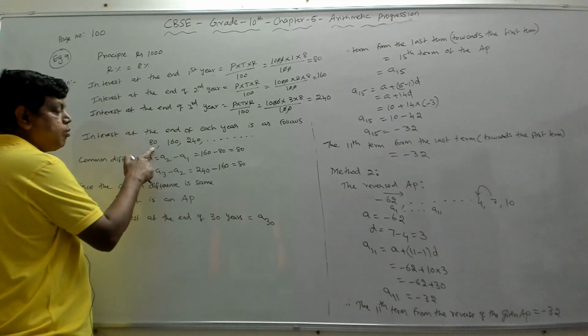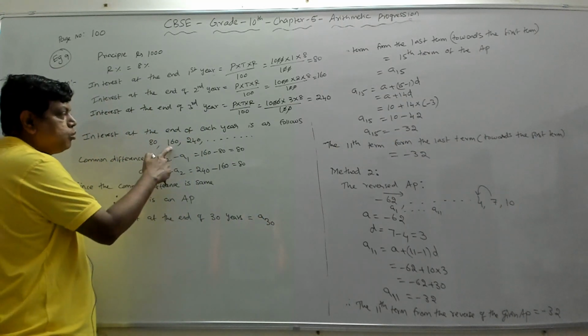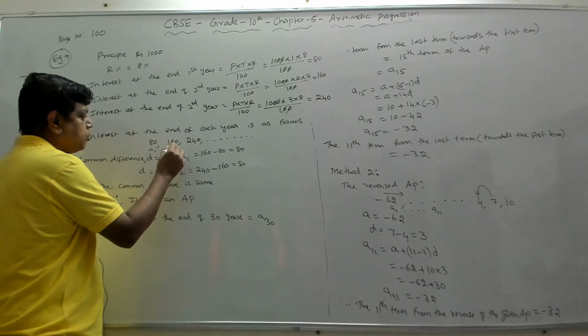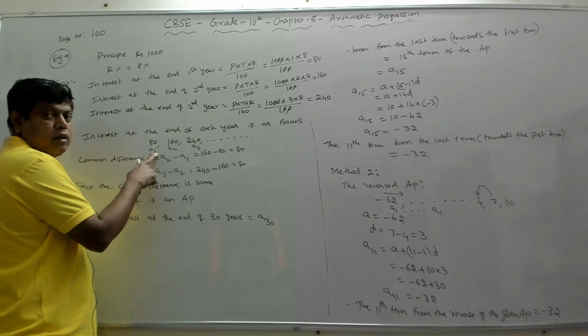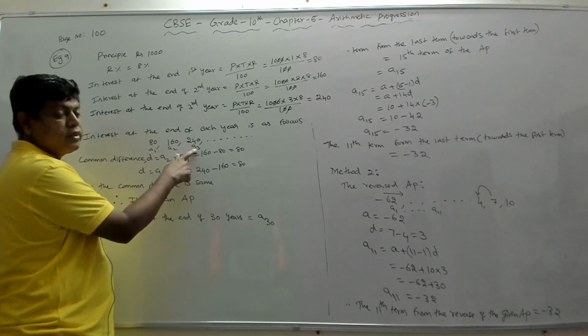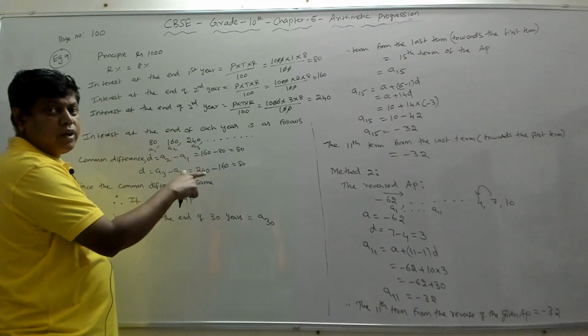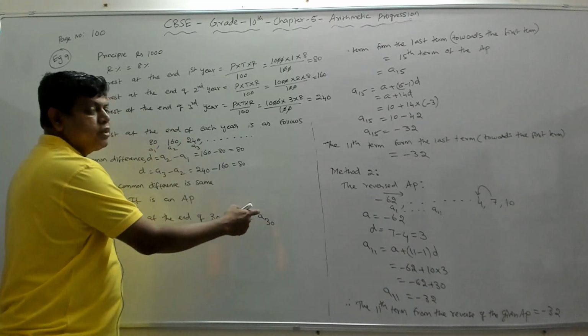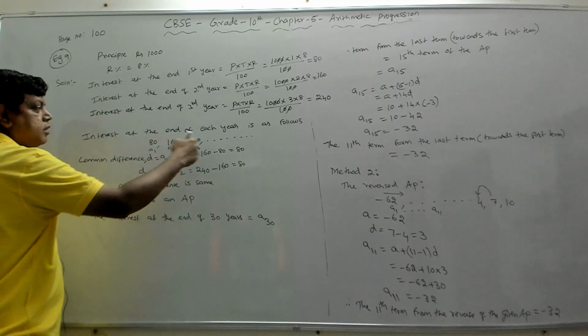A1 is the interest at the end of first year. A2 is the interest at the end of second year. A3 is the interest at the end of third year. Therefore, interest at the end of 30th year will be A30. So we have to find A30, 30th term of this AP.